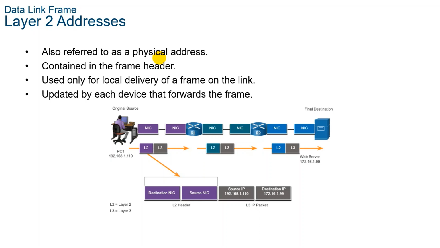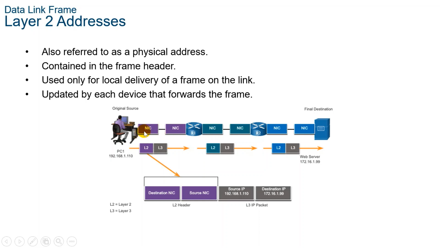Now, the figure here illustrates the function of the layer 2 and layer 3 addresses. As the IP packet travels from host to router, it is using a layer 2 protocol data unit.